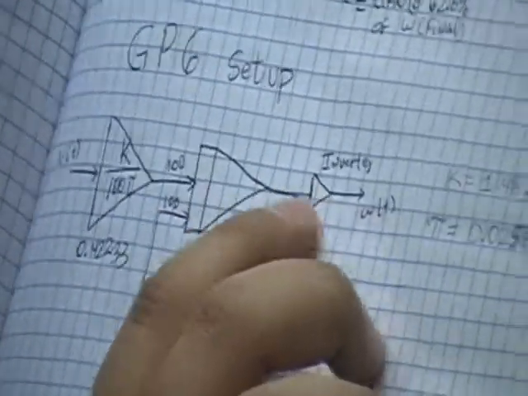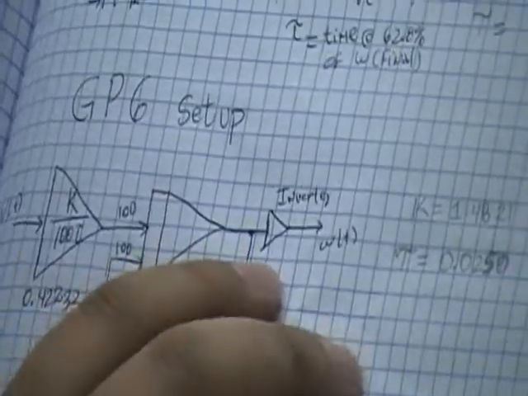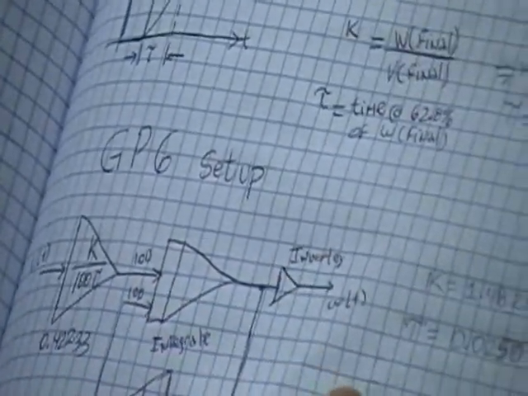Since this is inverted, it takes care of the negative sign in the equation, and then you have a final inverter from which you get the output. That's simple enough. We will see how to implement this using the GP6, take data from it, and I'll explain more about the connections then. But now my friend Amin will tell you more about taking data for the actual motor and getting its K and tau.